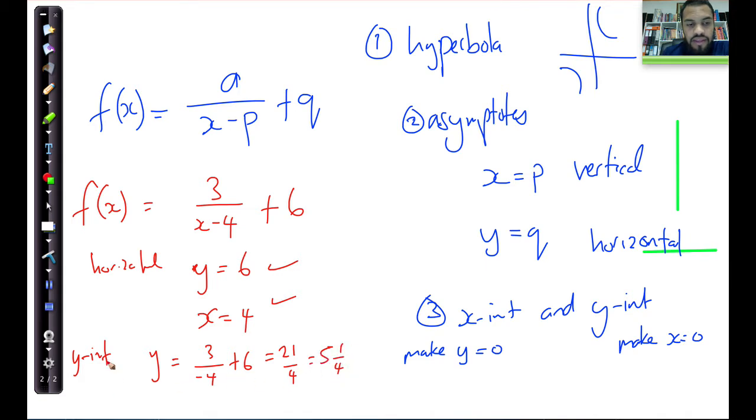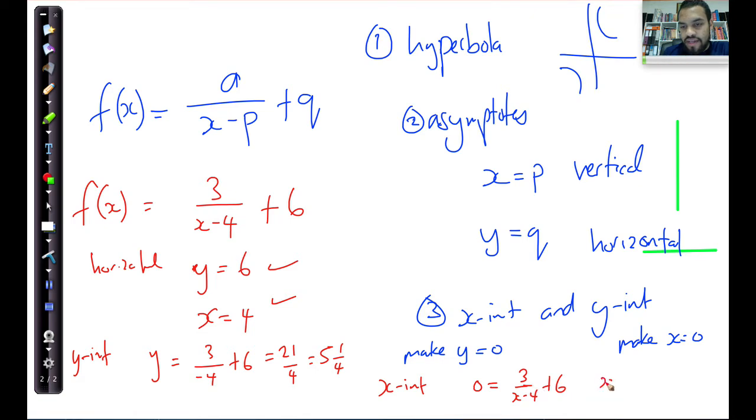Okay, and then the x-intercept, similarly, you make y 0. So we're going to say 0 equals 3 over x minus 4 plus 6, and I think you can do a little bit of solving there, and then you'll get positive 6 on this side, x minus 4, you'll get the following.